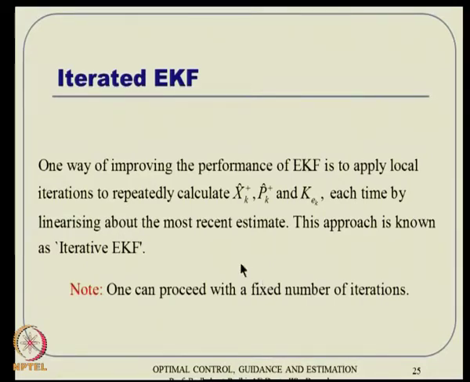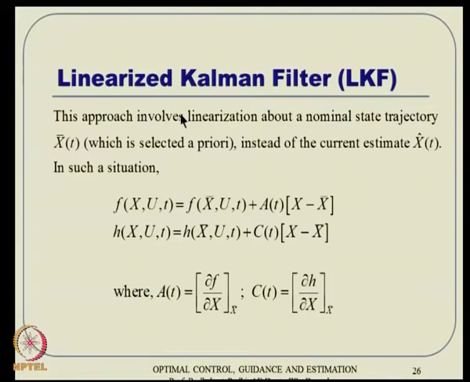It is still based on EKF, extended Kalman filter, but it is now doing several iterations based on the same measurement, just because your C matrix is changing. The moment you update, there is a different value of x, and hence your C matrix changes, and again you keep on iterating. So that is the first idea, iterated EKF.